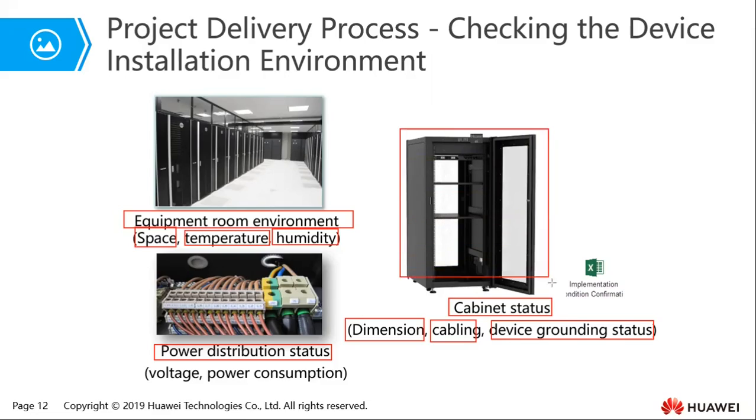So this is what we call a cabinet. All of them provide a grounding so that you can be able to discharge electrostatic voltage. So that is really what happens.